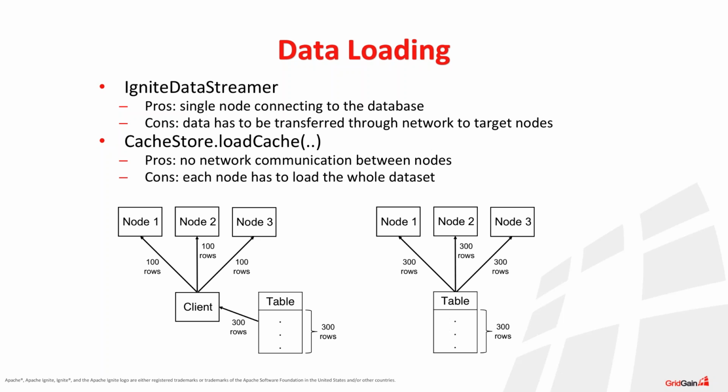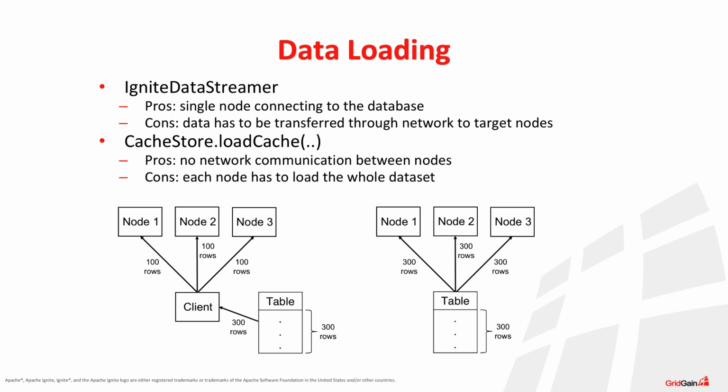The first approach, which is shown on the left, uses the Ignite data streamer. So there is a client node designated for this data loading process. It loads the data from the table or tables in your database, and then uses the Ignite data streamer to stream all these rows into the server nodes.